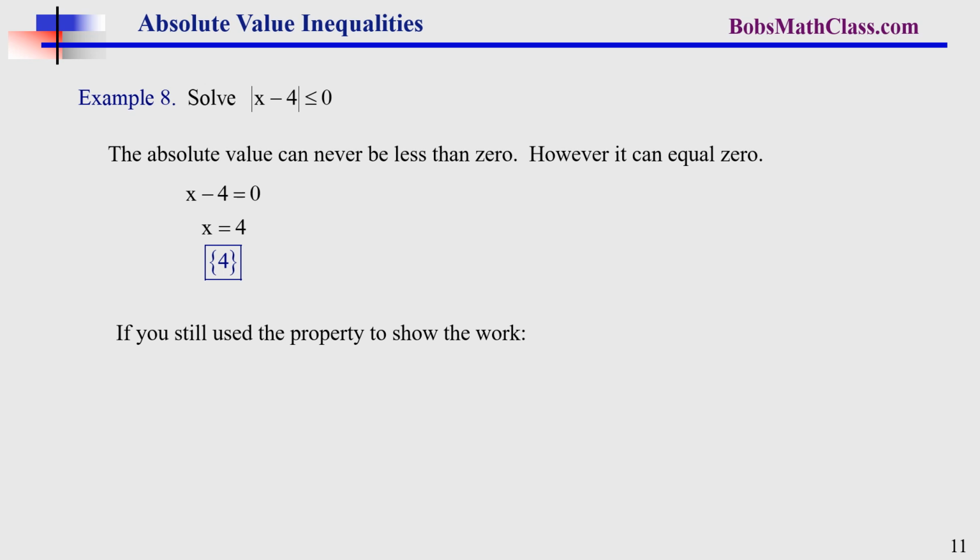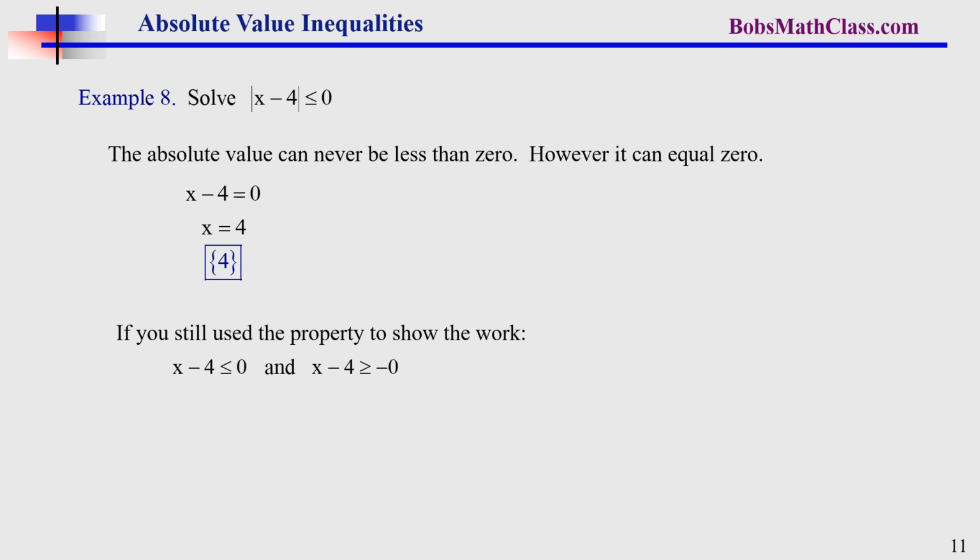We change the direction of the inequality, we flip it, and then you put a negative in front of the right-hand side. It's a less than, so we're going to put an and in between. So x minus 4 less than or equal to 0, that's the first one. No changes. The second one, x minus 4 greater than or equal to negative 0.